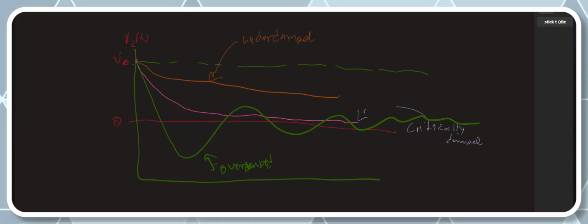And if you look at your solutions on that page that has all the solutions, you'll see the underdamped solutions are the ones that are combinations of sine and cosine, and the critically damped and overdamped are both exponential functions.